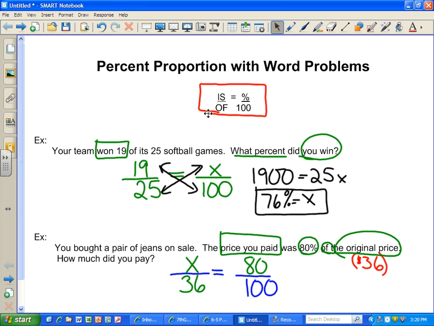When you solve it, we want our answer to be less than $36, because you're only paying 80% of it. So we cross multiply 80 times 36, and then divide by 100. So x is $28.80, the price that you paid.